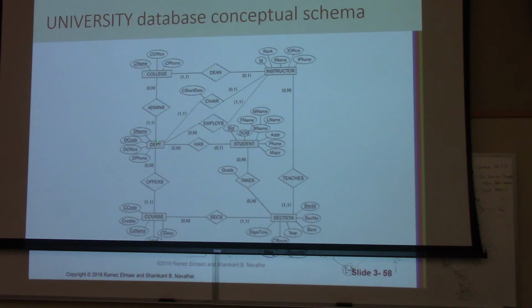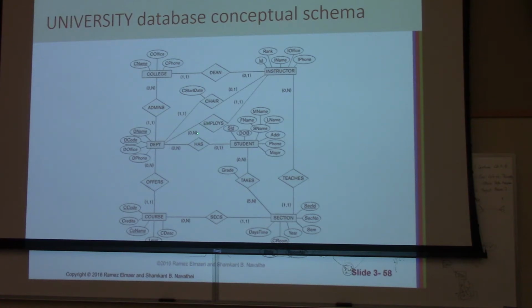Then the department has how many unique attributes? 2. D name or D code. So you can use either of them as a key. So 2 keys in this case. Then one more thing, which one? Employees. So this is the instructor, the many instructors. This is a min-max notation, so you should be careful.